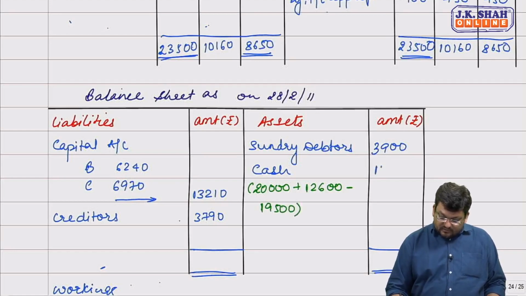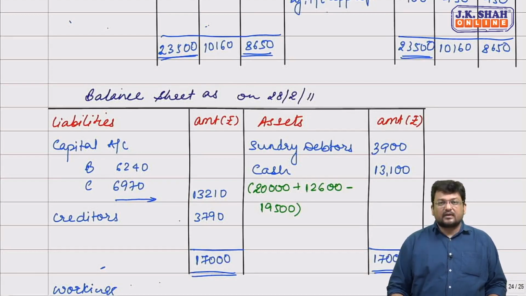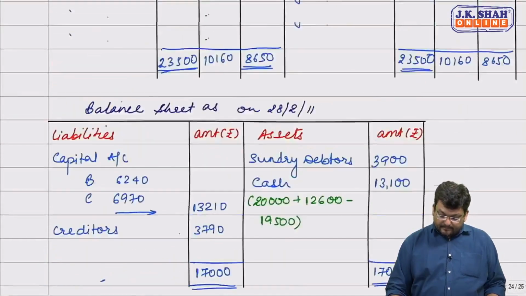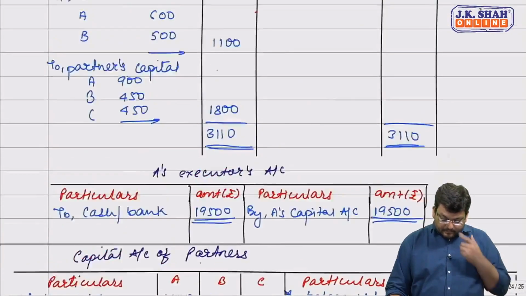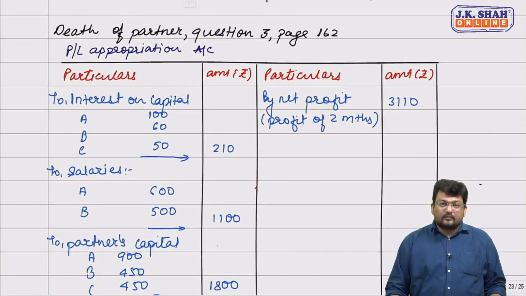So 13,100 is the remaining cash balance. Balance sheet total comes to 17,000. Correct? Yes, sir. So you may pause and copy.